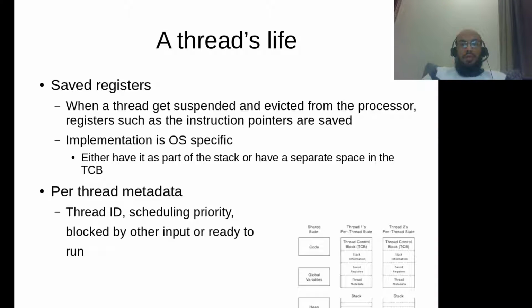There is, of course, per-thread metadata also on your TCB, such as your thread ID, which is equivalent to the PID that we have been looking at for processes. You can have different scheduling priorities, and you can have a thread that is waiting for some input or ready to run later.